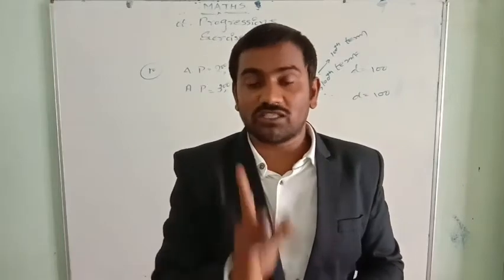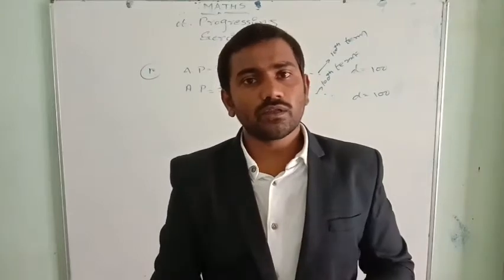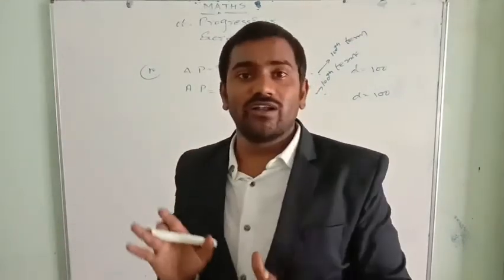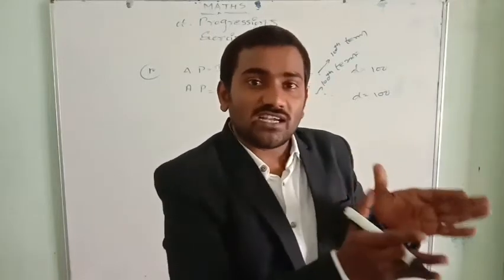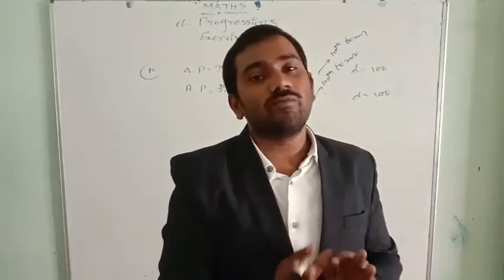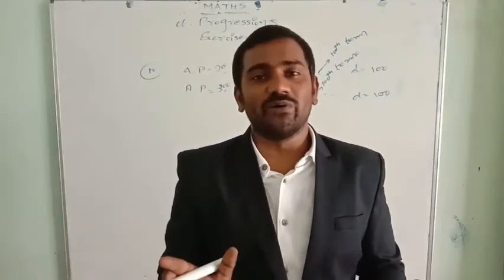Here at the 100th term the common difference is suppose 100, so at the 1000th term also the common difference should be 100 only. At the second term or the 50th term the common difference will also be 100 only. The first two terms' common difference will also be 100 only.